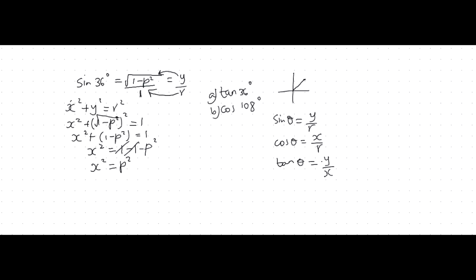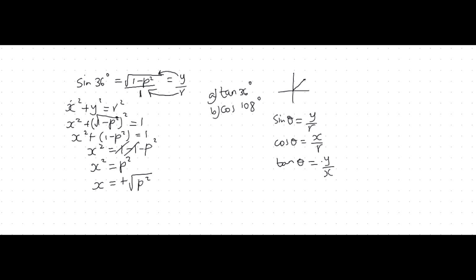When you are in this form, now you're trying to solve for x, so usually you say x is equal to plus or minus the square root of p squared. Since I had mentioned earlier that you are in the first quadrant, everything is expected to be positive. That's where you remove the negative. So we are choosing a positive x value because we are in the first quadrant.